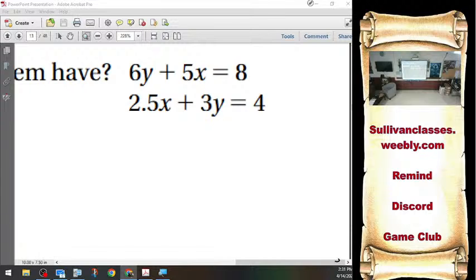Oh, you can't go starting to do any of this yet until you have something by itself. You don't have anything by itself yet. So like here, see, here I moved some stuff. X equals this junk. Y equals this junk. You don't have X equals stuff or Y equals stuff yet. You have to make them equal. So you just pick one of them and say, I'm going to do that one.